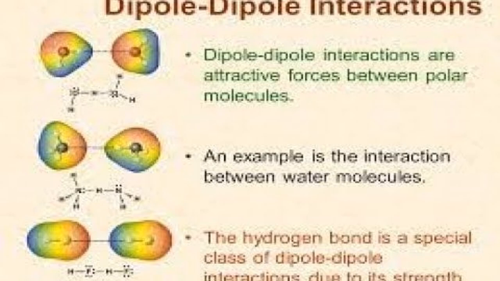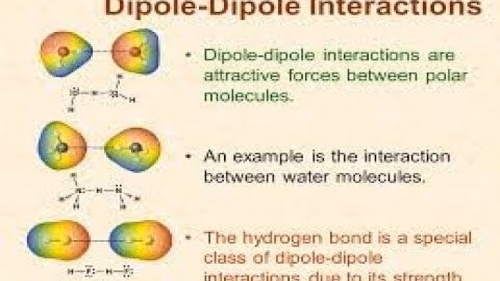Here also, the dipole means one pole is positive and another pole is negative. So between these different charges, the attraction is called dipole interactions, or attractive forces between polar molecules.